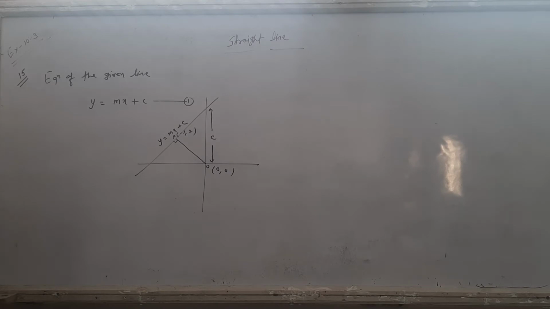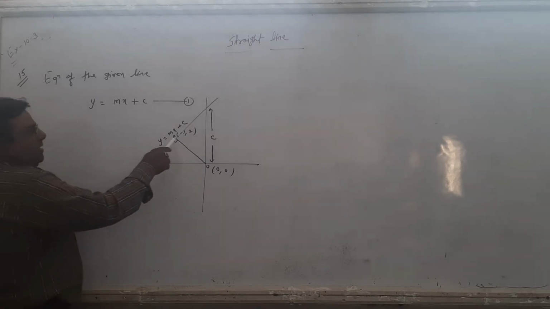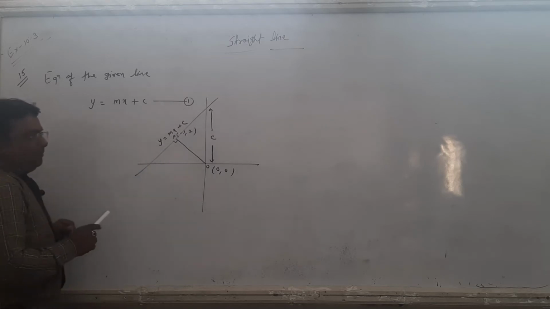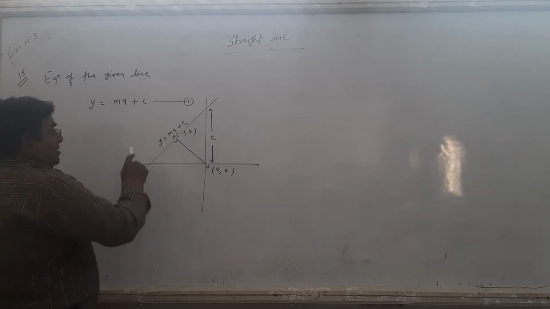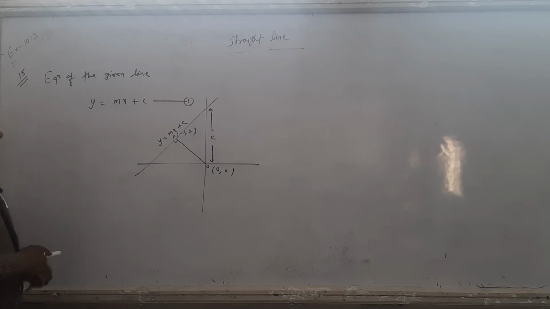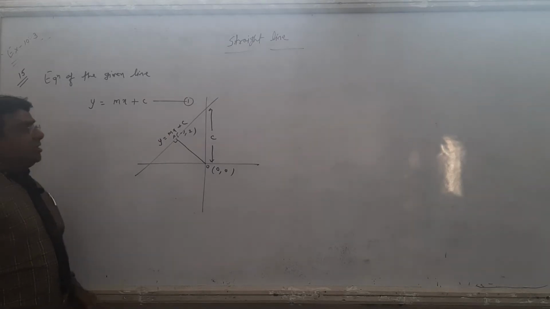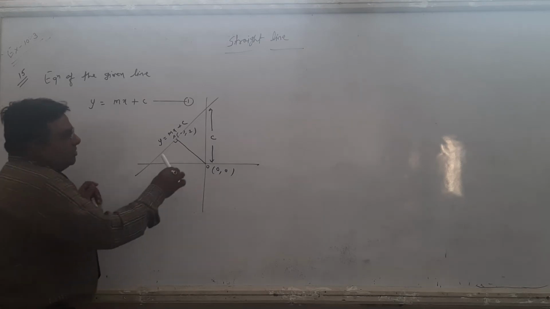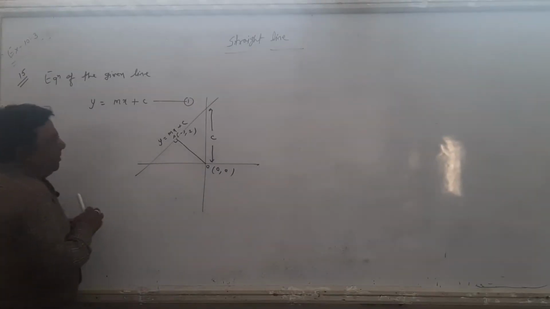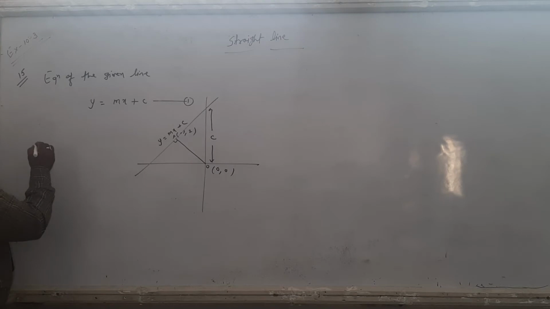And find the value of m and c. Now look here, student. First thing, this point P lies on this line. And this is the equation of the given line y equals mx plus c, where m is the slope of the line and c is the intercept. But now this OP line is a perpendicular line. Then O point is given 0, 0 and P point is given minus 1, 2.